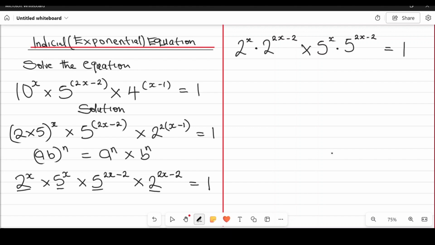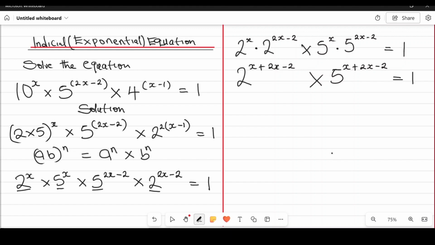If we add up the indices, we have 2 to the power of x plus 2x minus 2 times 5 to the power of x plus 2x minus 2 equal to 1.